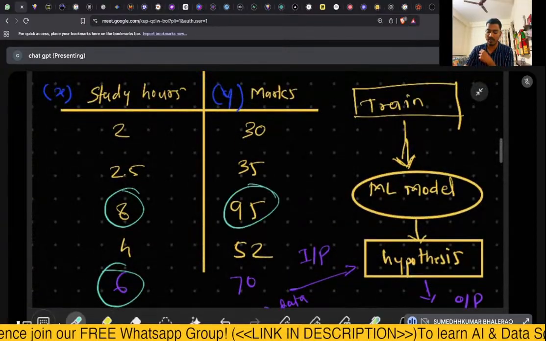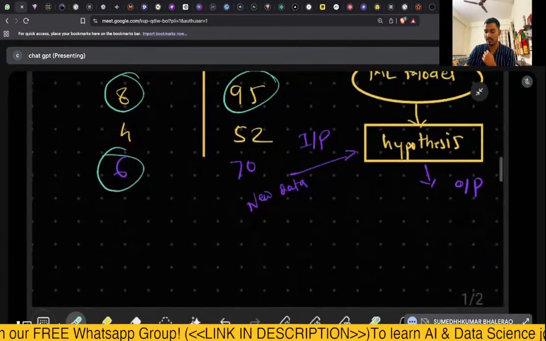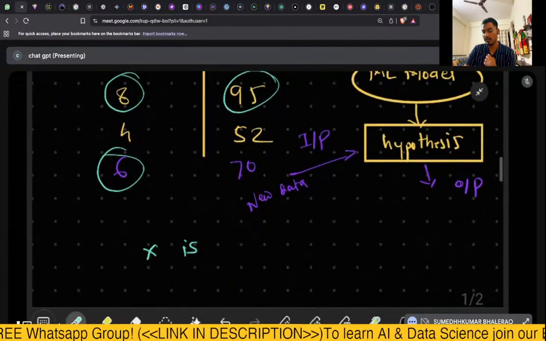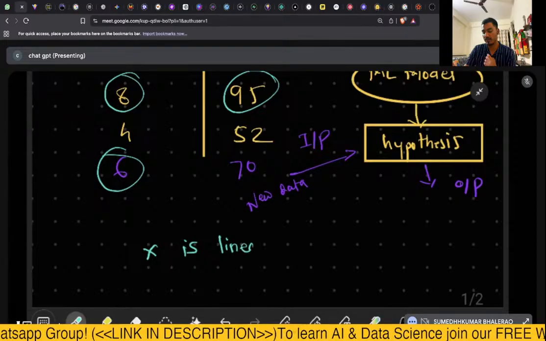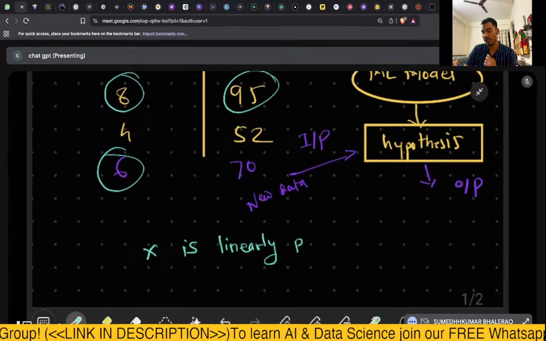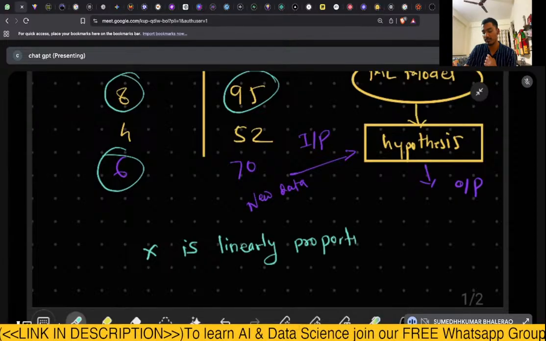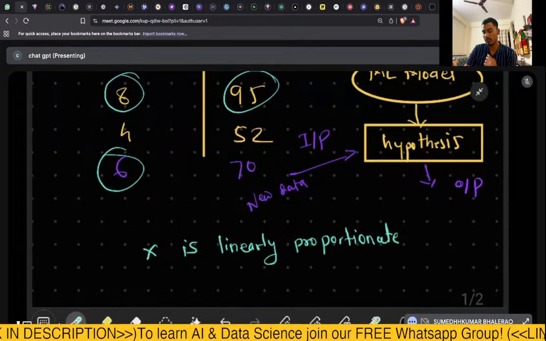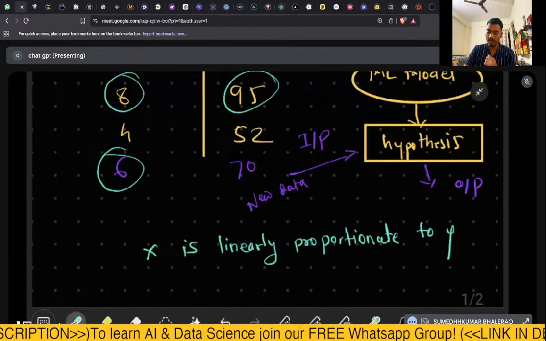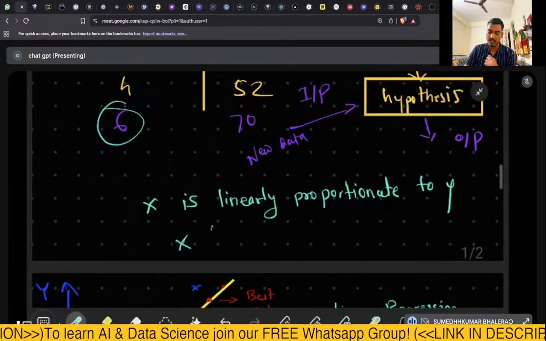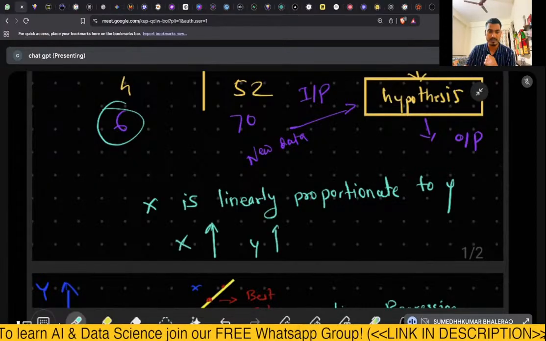We can say x is linearly proportional to y, meaning whenever x increases, y increases.